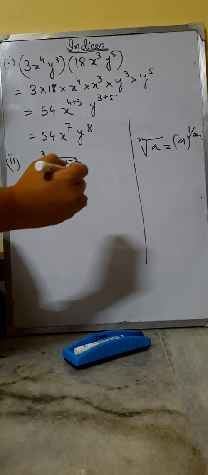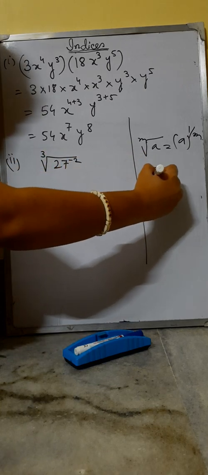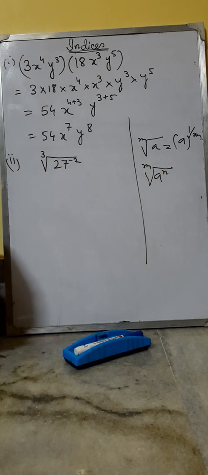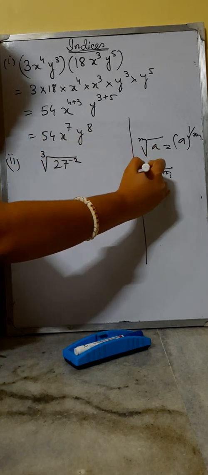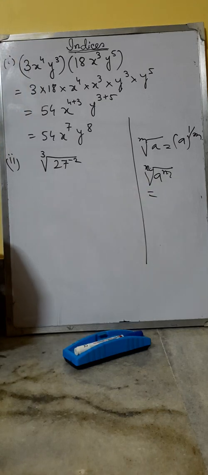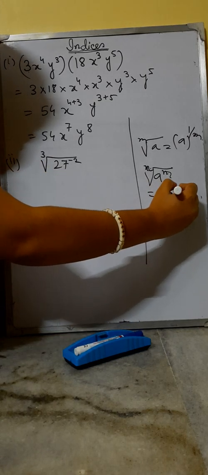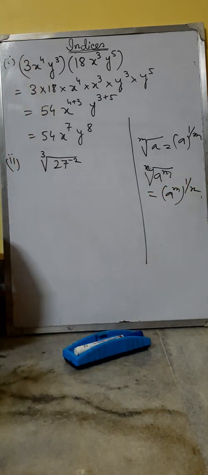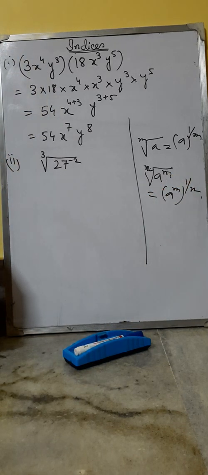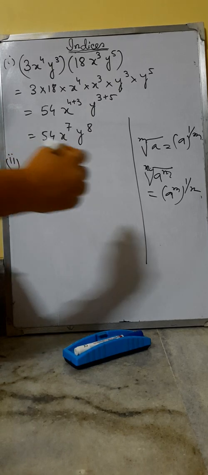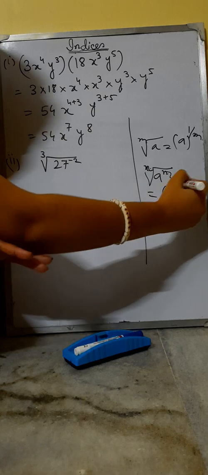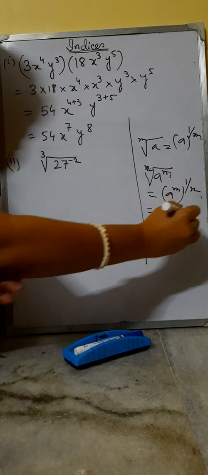Now if it is given root over a to the power n to the power m, this means a to the power n whole to the power 1 by m. Both powers are given, so n divided by m.